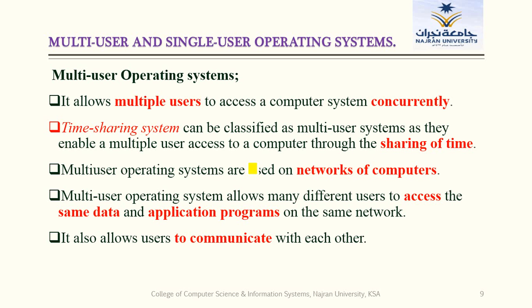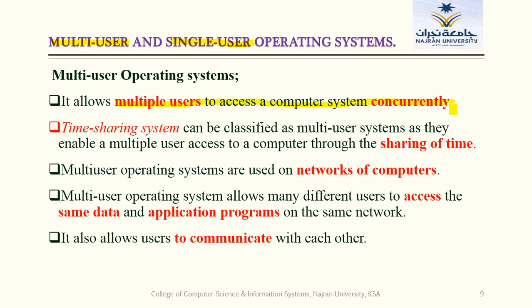Okay. The next type of operating system is multi-user and single-user operating system. Like the multitasking and single tasking operating system, in a single user operating system we have only one user, and in a multi-user operating system we have more than one user. A multi-user operating system allows multiple users to access the computer system concurrently, at the same time.